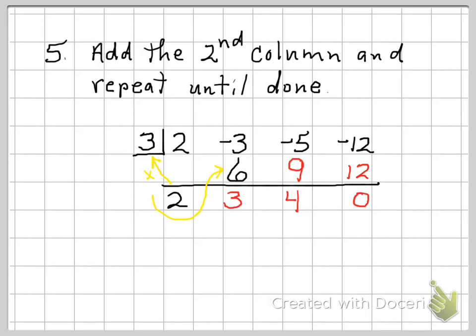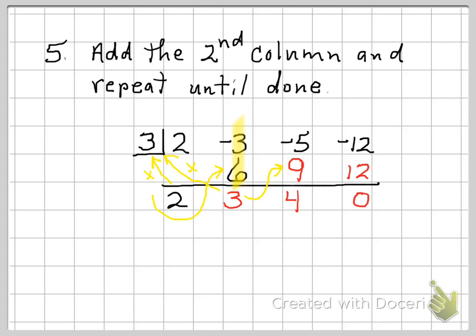Then we're going to add this column. So negative 3 plus 6 gives us a 3. Then we're going to multiply 3 times 3, that's 9. We're going to put it under the next term.